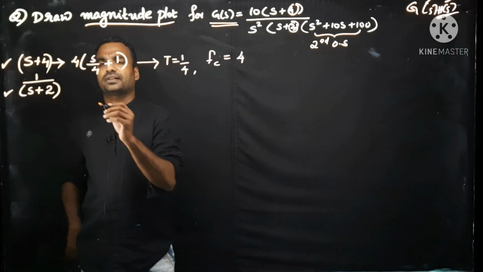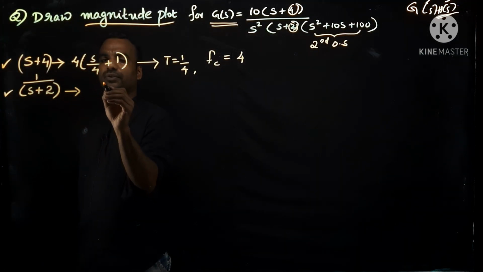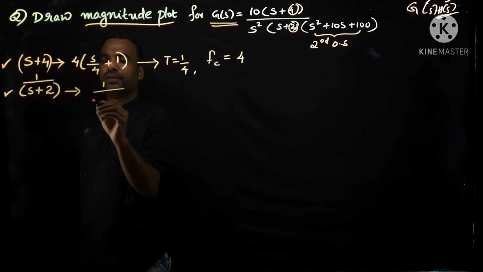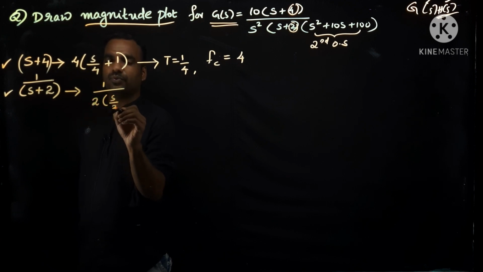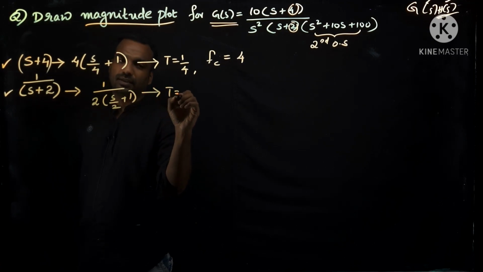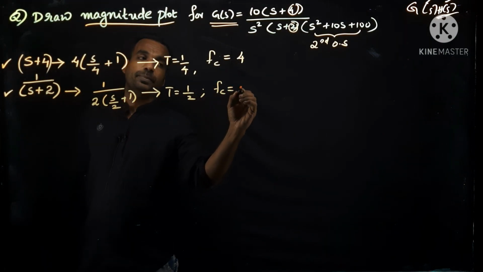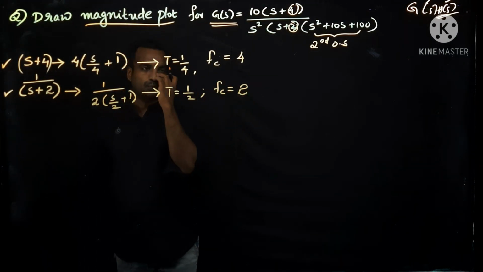That is also correct. Anyhow, I want to take 2 outside: 1 by 2 into s by 2 plus 1, where T is equal to 1 by 2. So its corner frequency will be 2.